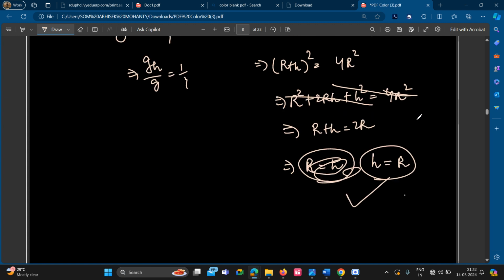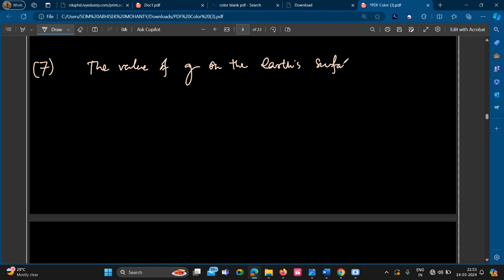Homework, question number 7, a similar type of question. The value of g on the Earth's surface is 980 centimeter per second square.